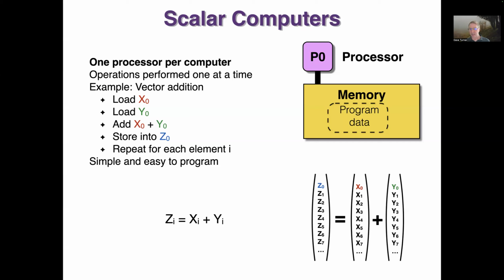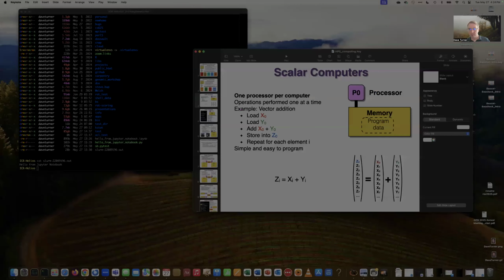In this case, we're pulling x0 up into the processor and putting it in a register from main memory. Then we pull y0 up. Then when both of them are in the processor in separate registers, we do an addition on them to get z0, and then that gets pushed down back into the main memory.